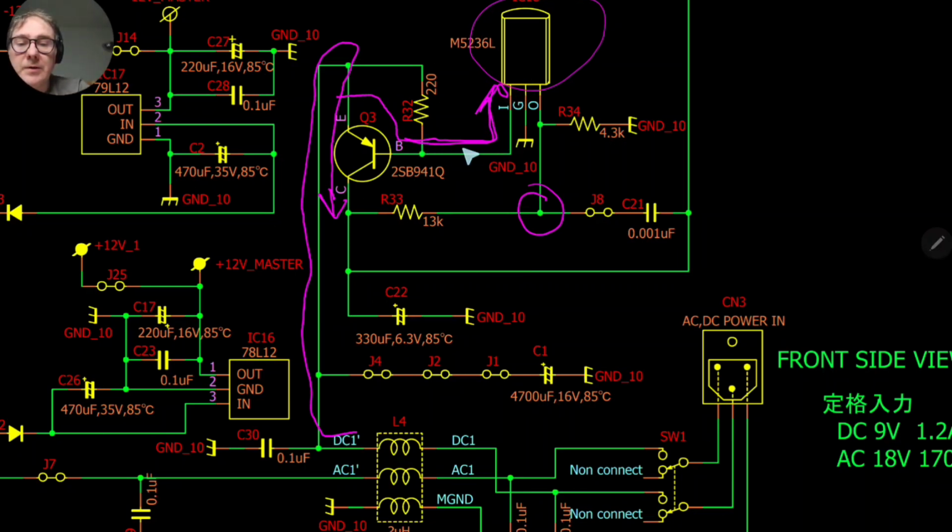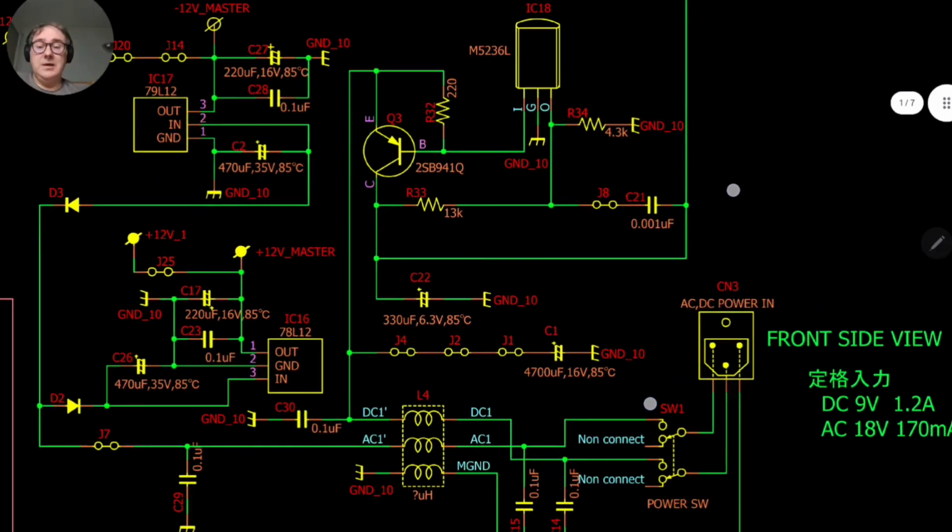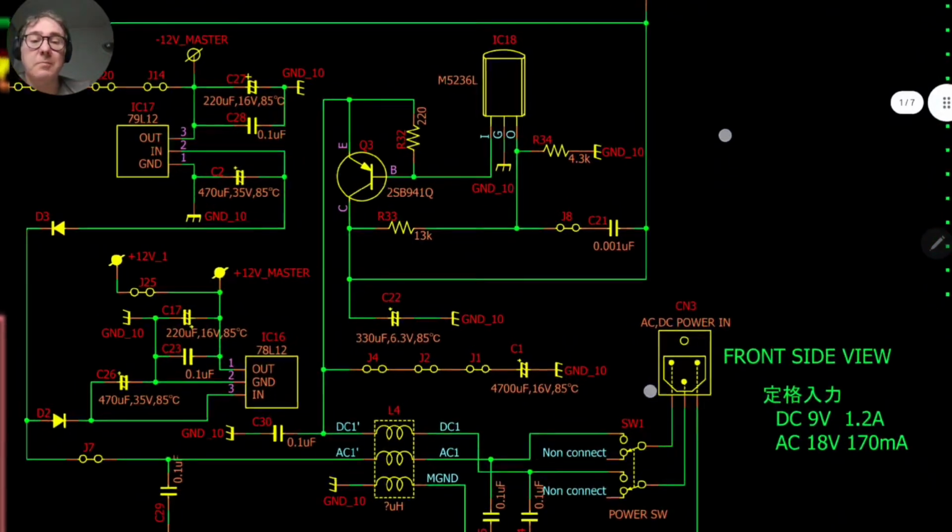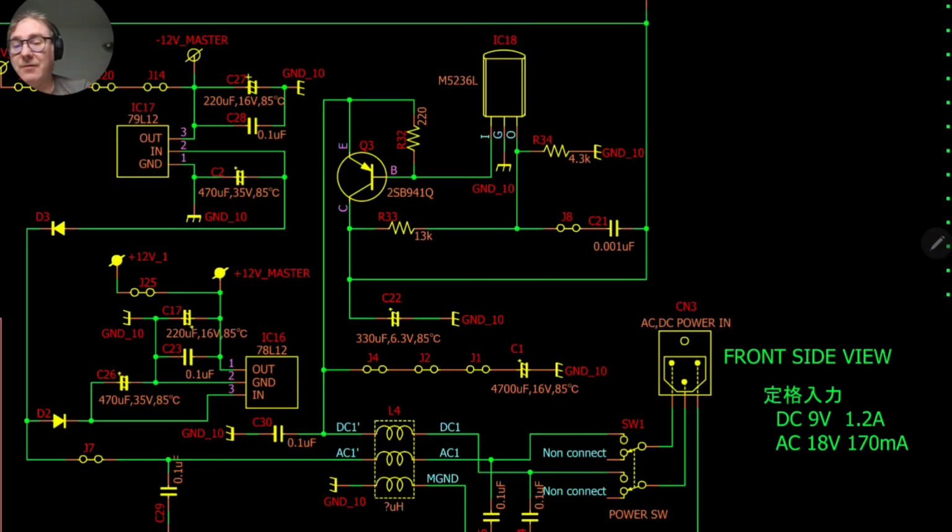So the more current it drains, the more current you'll have here. It changes the current that goes to the input. So it's not that complicated. The only interesting or different part is that you have these components which are separating the control and the driver parts of the regulation.